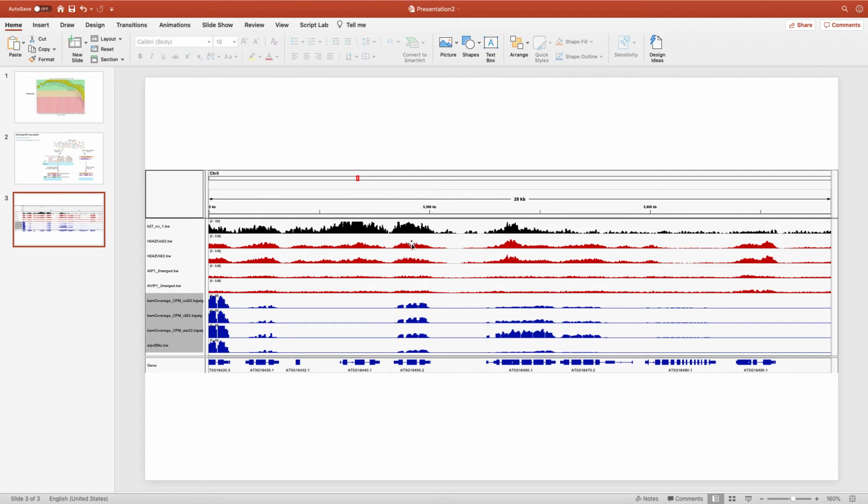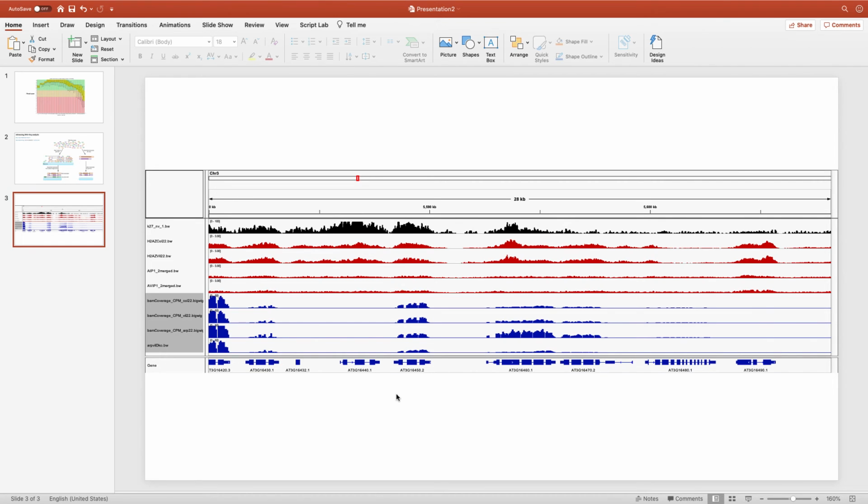In these two cases, the particular protein binds, but in these two mutants, it doesn't bind. Or if I have these four panels of RNA-seq analysis, you can see that in this particular mutant, the expression of this particular gene is low. So it's a very good visualization technique.